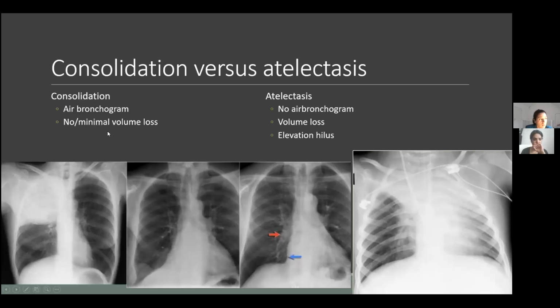In consolidations, you have no or minimal volume loss, whereas in atelectasis, you have a lot of volume loss because you have collapsed lungs. That leads to elevation of, for example, the hilus, but it can also elevate the fissure, as you can see on this chest X-ray. The horizontal fissure is moved upwards, and you can also see upward movement of the diaphragm in case of atelectasis, which is not seen in consolidation.